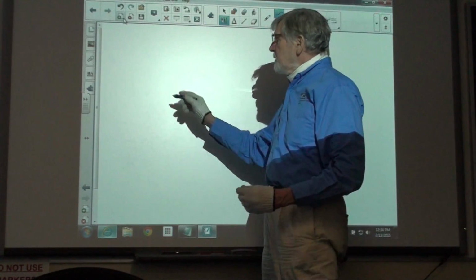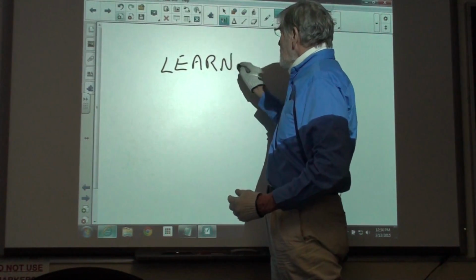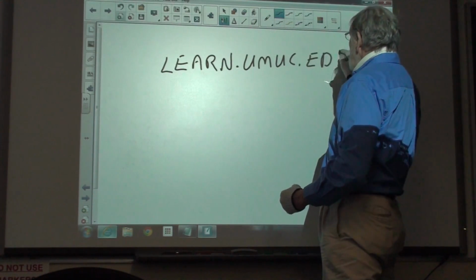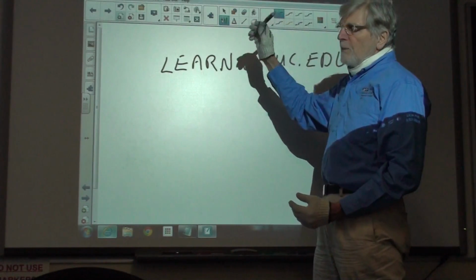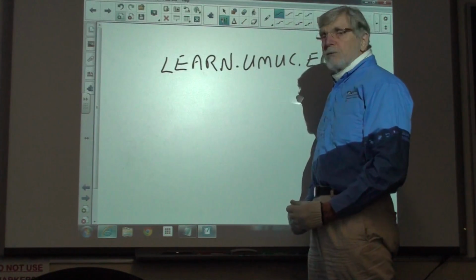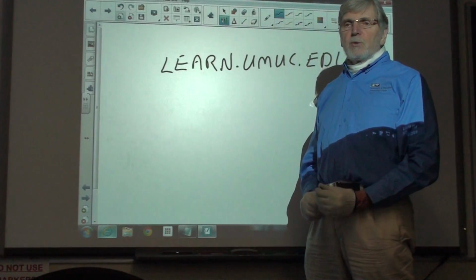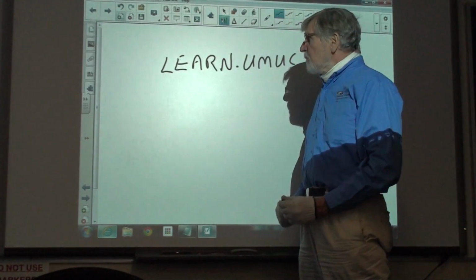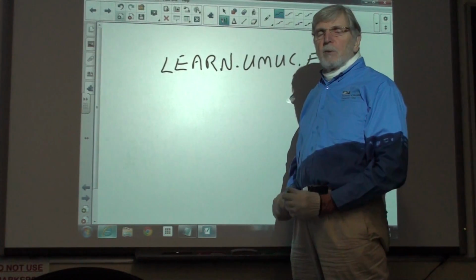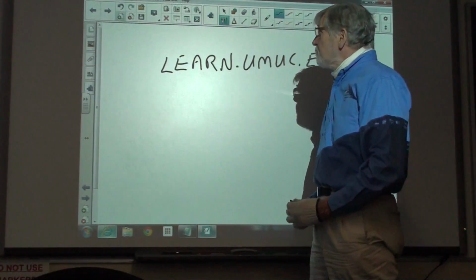The very simple one in one step is to type learn.umuc.edu into your web browser's URL box and just click enter and it will go directly there in one step. Sometimes if you go in through MyUMUC, there are several pages and steps. Notice that there is no www in front of this. It will not work if you put it there because this is not a public website.